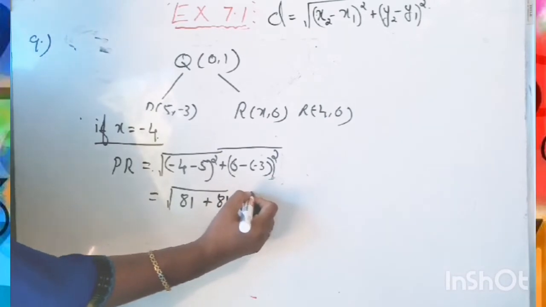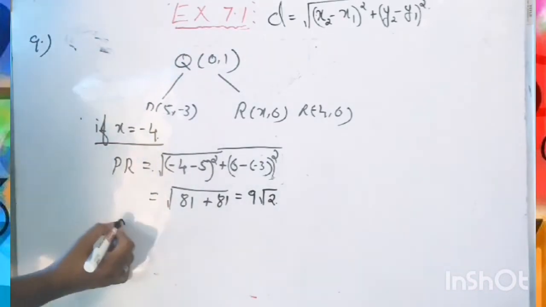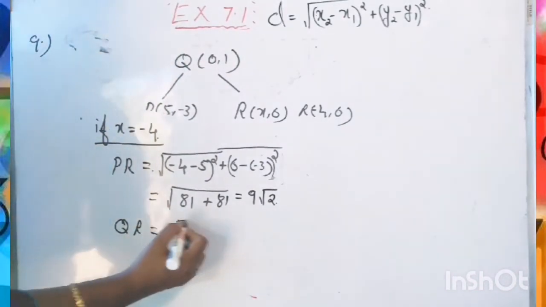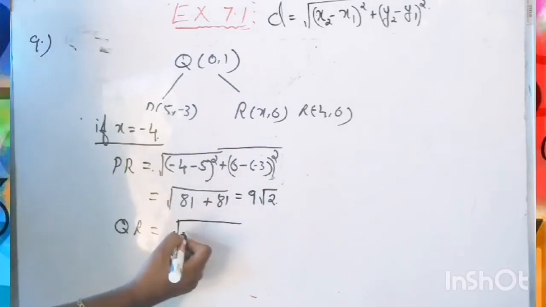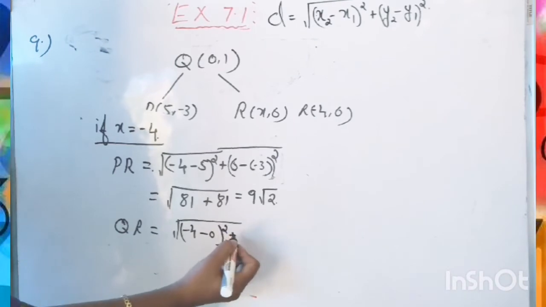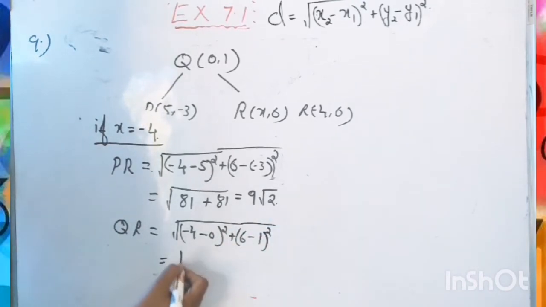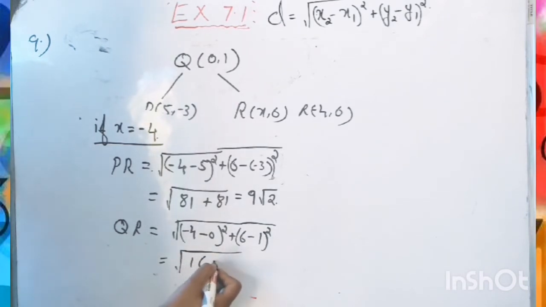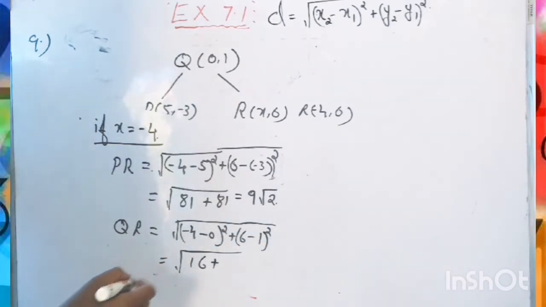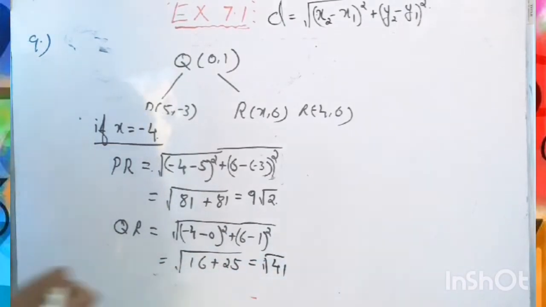That is equal to 9 root 2. Now QR is equal to square root of (x coordinate of R minus x coordinate of Q) all square plus (y coordinate of R minus y coordinate of Q) all square. That is equal to square root of (-4) square is 16 plus 6 minus 1 is 5, 5 square is 25, which is equal to square root 41.